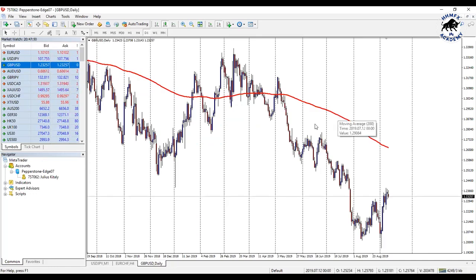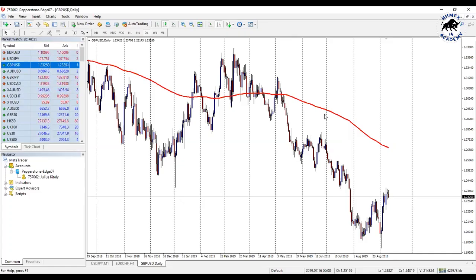Okay, let me explain something about it. The 200 exponential moving average, how is it important in the market? It's important because when the price is below the 200 moving average, it is said that the market is in a downtrend.